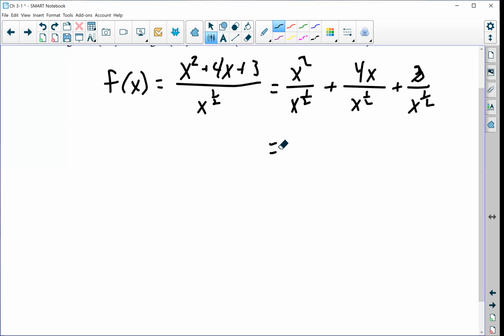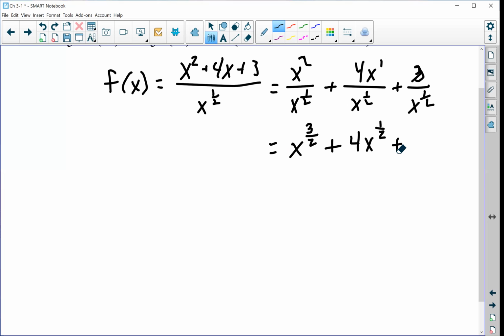2 minus 1/2. Right, 3/2. Or 1 1/2. 1 minus 1/2. And this last term doesn't have an x in the numerator.